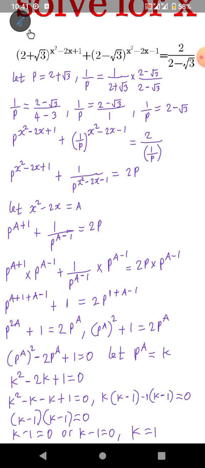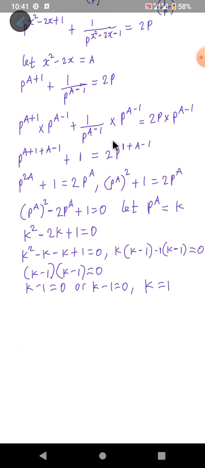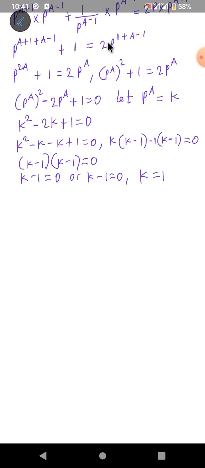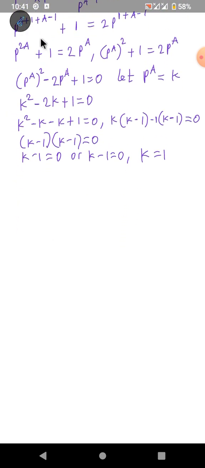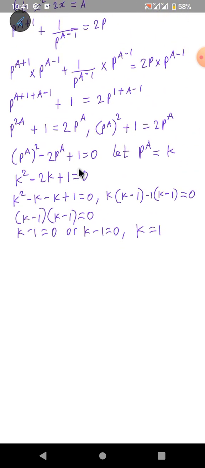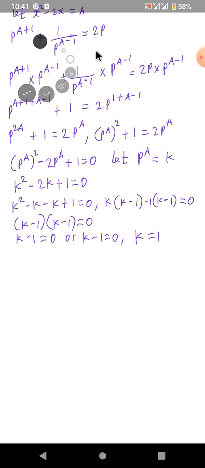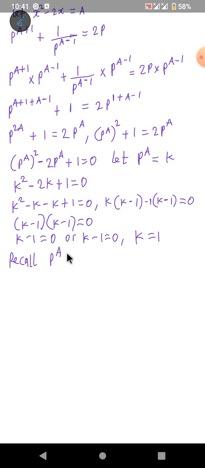Now we'll continue again. My next step now will be to say that recall p raised to the power of a equal to k.